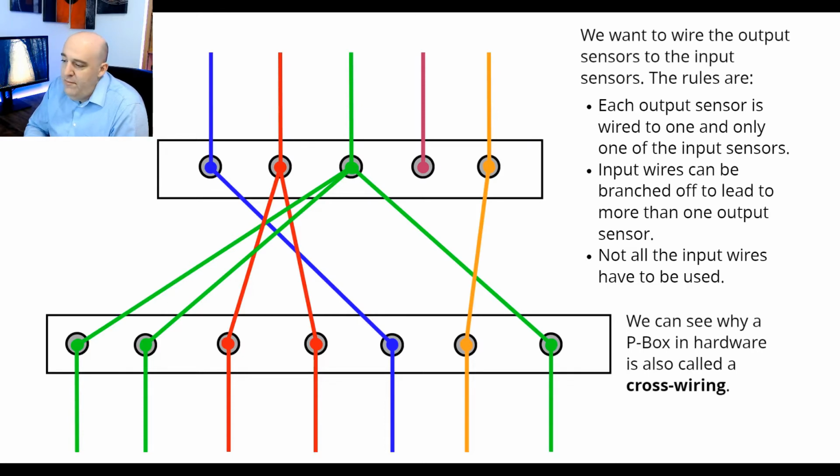And since electricity is flowing at the speed of light, the amount of time it takes to go from the input sensor to the output sensor, although it's not 0, is extremely, extremely small. So a P-box essentially takes no time in hardware when it's implemented.